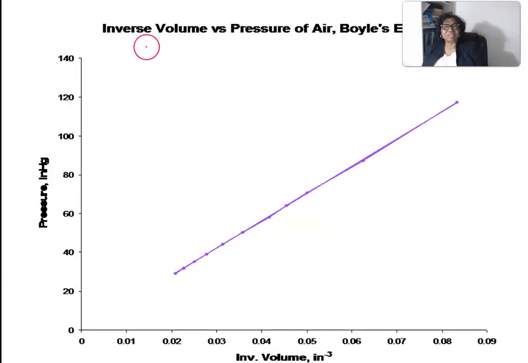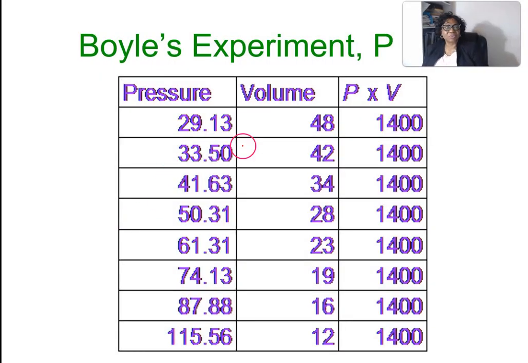So inverse volume versus pressure of the air is a straight line. So this is an experiment carried out. But P times V is constant, just like this. It's a constant.